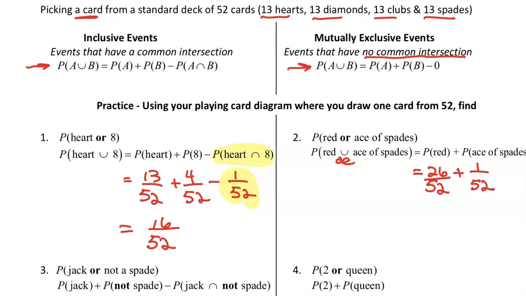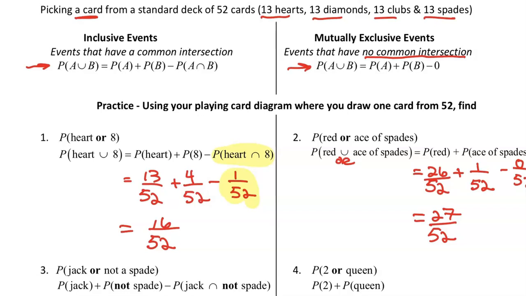The ace of spades is a black card. Black cards and red cards do not overlap, so there is no overlap. If you want, you can say minus 0 over 52 just to reinforce the fact that you thought about it. Or you can just say 27 over 52 and you're good.